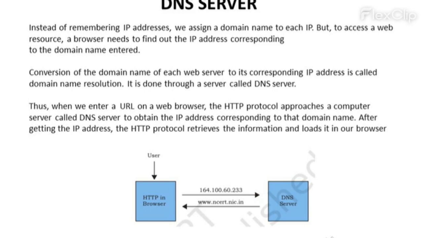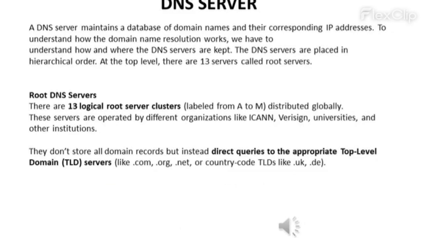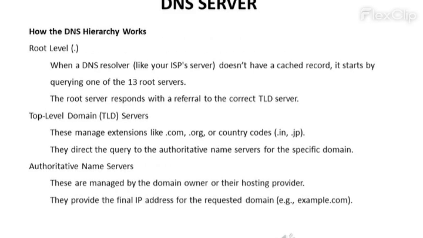And what are the types of DNS server? Like I've already mentioned, we have the recursive resolver, the root DNS server, the TLD server, and the authoritative DNS server. The recursive resolver receives requests from devices and fetches the IP address.